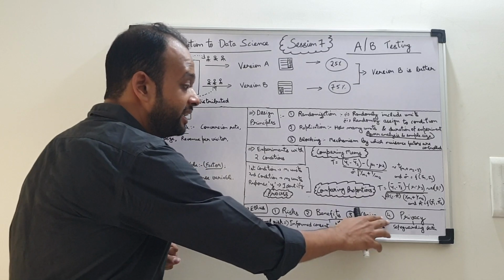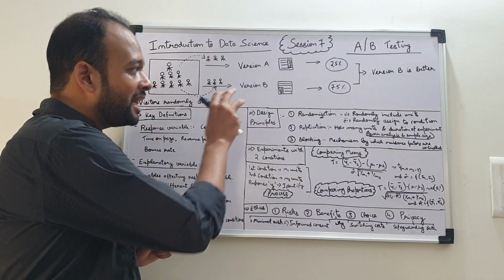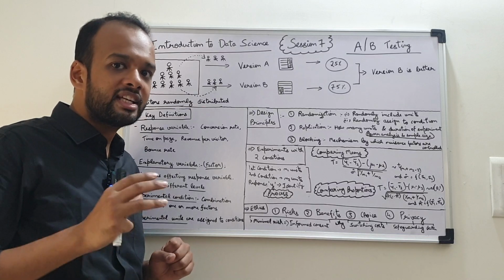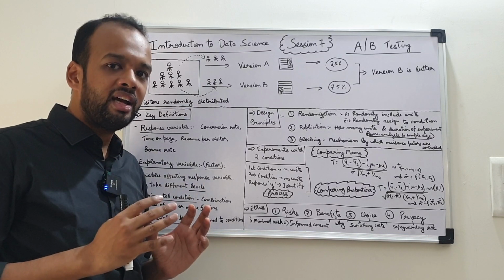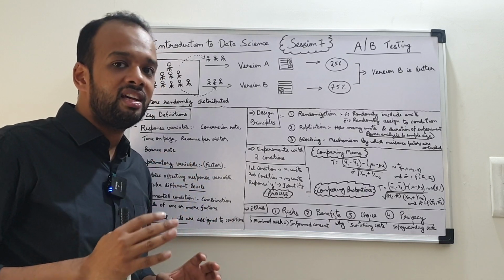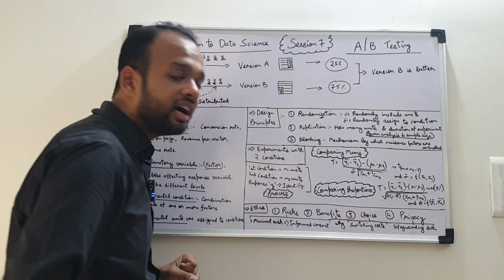And the fourth one, which is very crucial, is data privacy. We are gathering data of customers using this experiment without them knowing it. This data is end user data, so it is very confidential and sensitive. We need a system to safeguard the data.